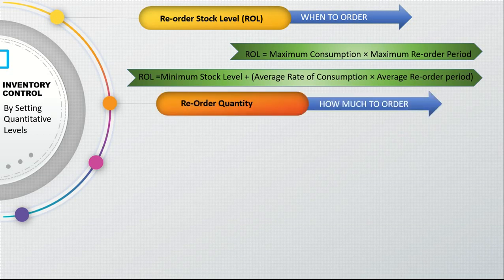Reorder quantity. Reorder quantity is the quantity of materials for which purchase requisition is made by the store department. Economic order quantity, EOQ: the size of an order for which the total of ordering and carrying cost is at minimum. Ordering cost: the costs which are associated with the purchase or order of materials.